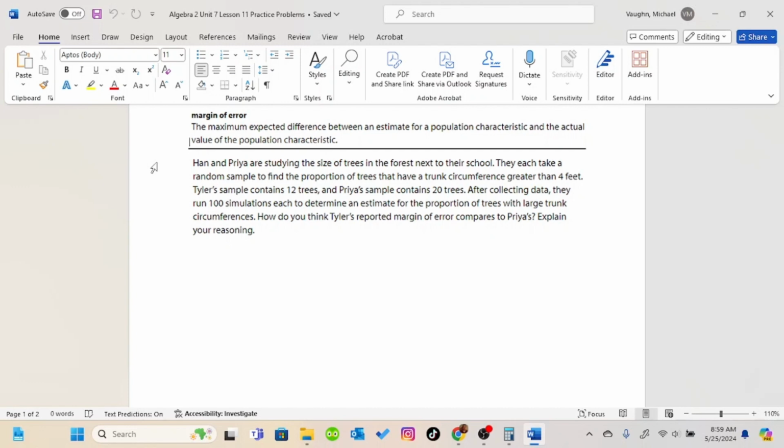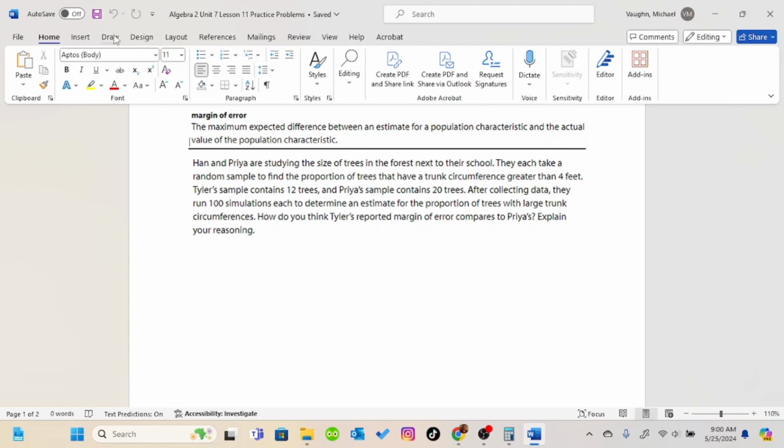Tyler's sample contains 12 trees, and Priya's sample contains 20 trees. After collecting data, they run 100 simulations each to determine an estimate for the proportion of trees with a large trunk circumference. How do you think Tyler's reported margin of error compares to Priya's? Explain your reasoning.